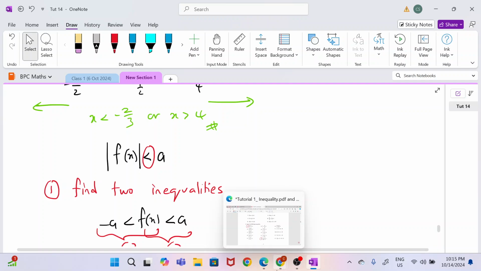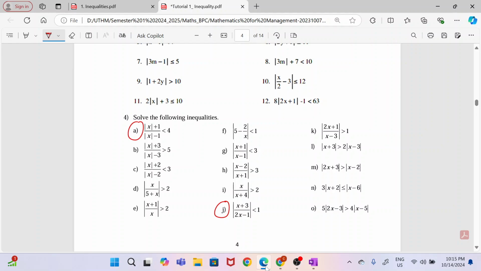So you can use this one. Okay, so I have done this. You can try G and F now. Just now I taught you how to find A, isn't it?